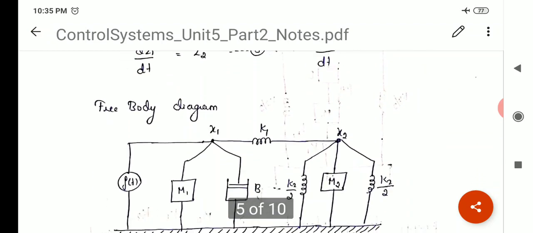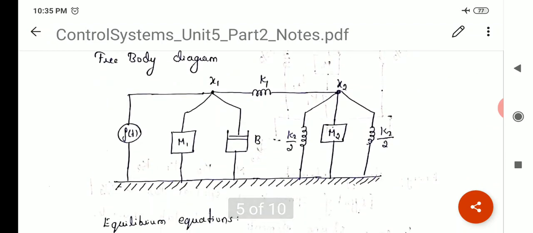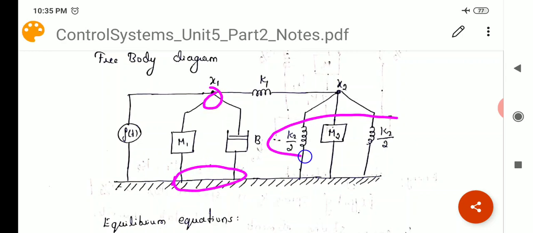Now our task is to find the remaining two differentiations, dz2 by dt and dz4 by dt. Coming down, this is the mechanical model free body diagram, two displacements, two nodes. M and B are associated with only one displacement, so they are connected between the node x1 and ground. Now these three elements are associated with the displacement x2, so therefore they are connected between x2 and ground.